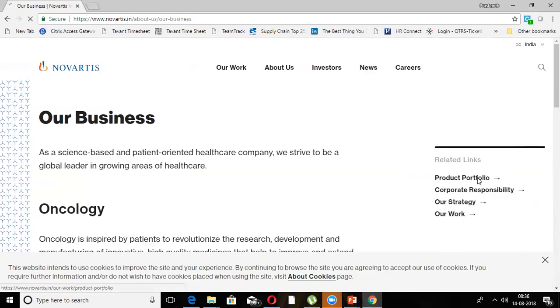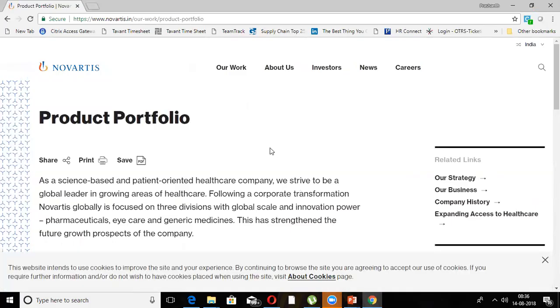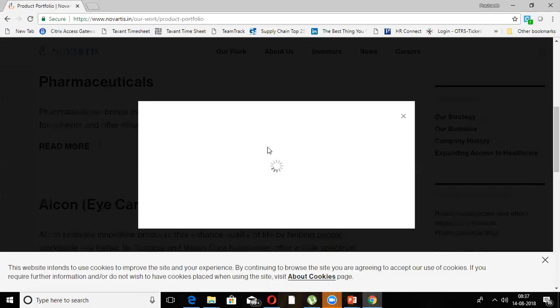If you don't find anything on pharma, you can pick up one of their products, like oncology or something in that area. Like, they have something on pharma. So go deep, understand what they have.